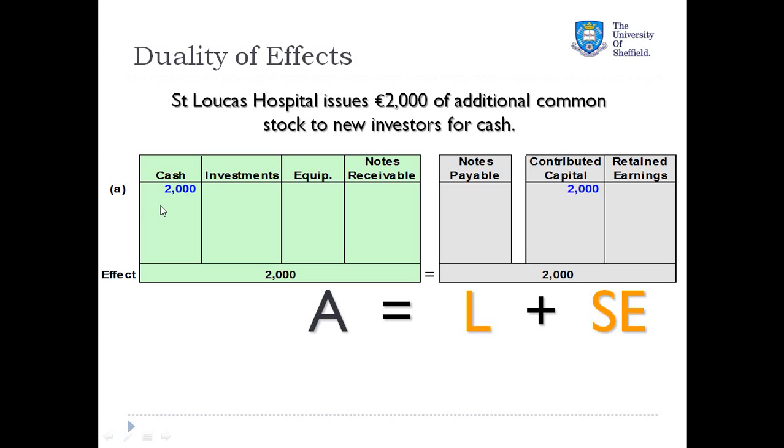So here you can see that we have 2,000 euros coming into the company as assets, in particular as cash, while at the same time the contributed capital is increased by 2,000. So you can see that we have a complete equation again. 2,000 in cash, 2,000 in contributed capital. So we have 2,000 for assets, 2,000 for liabilities and stockholders' equity.